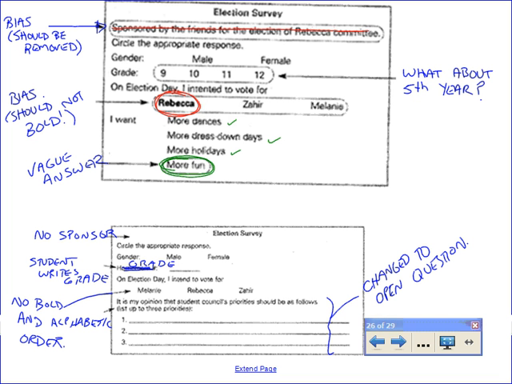The way they have it worded is just fine: in my opinion, student council priorities should be, but then I would go to a list question or ranking question and list all the things that you think are important.